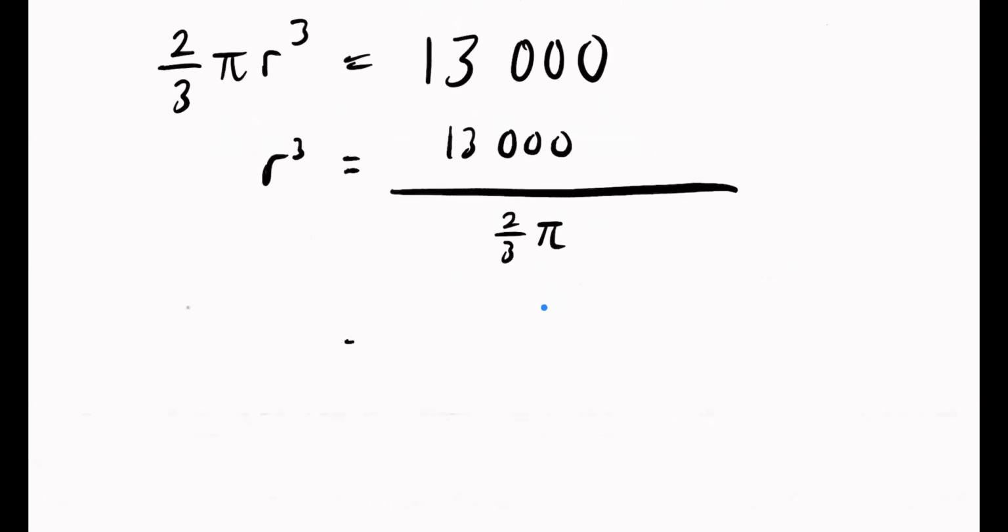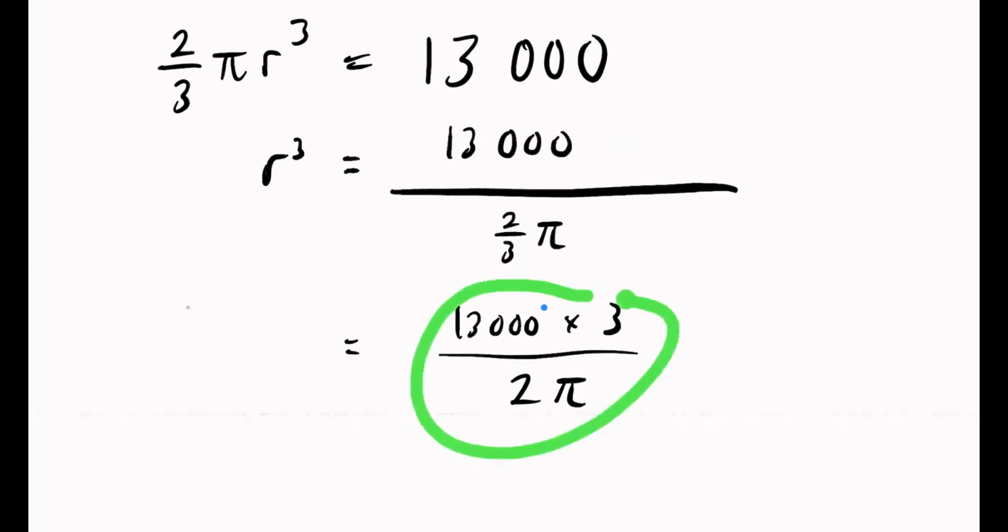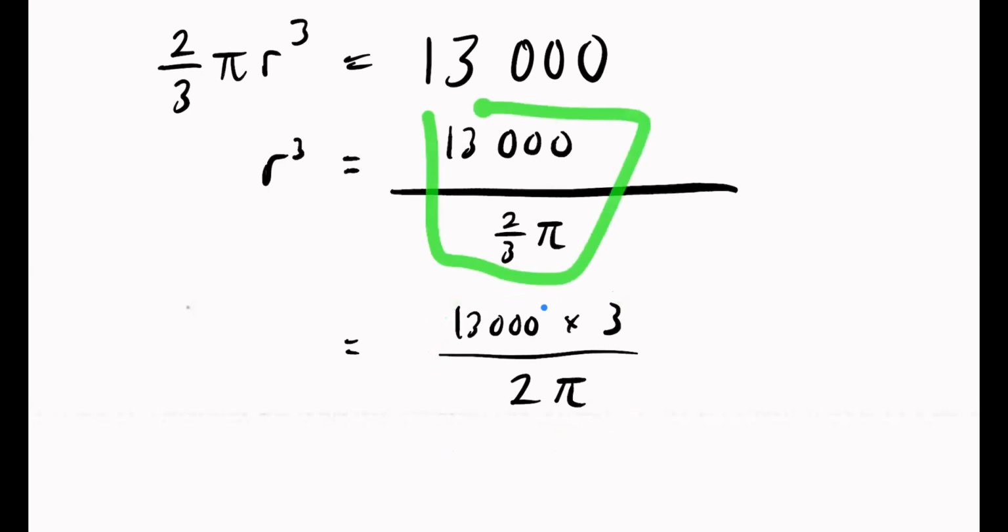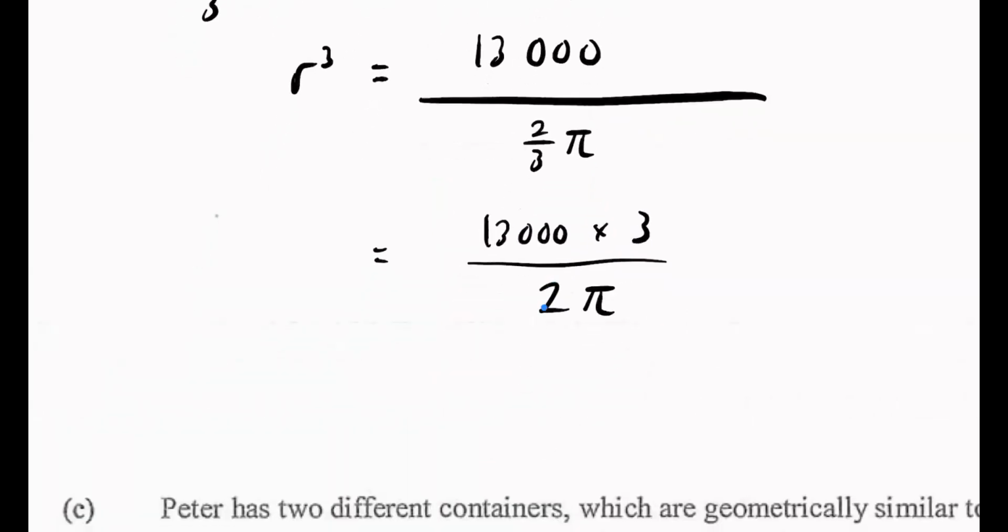Simplify, you can bring this 3 on top. So you get 13,000 times 3 over 2 pi. You don't need to do this; if you know how to type in a calculator, you can get this answer straight away. But let's try to get an exact answer. I can simplify this as 19,500 over pi.